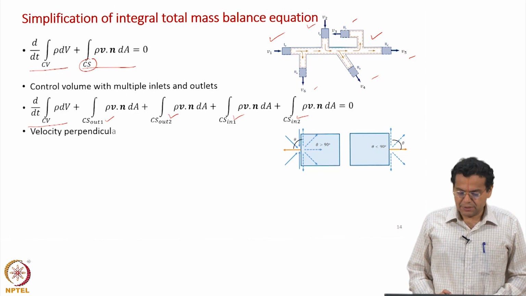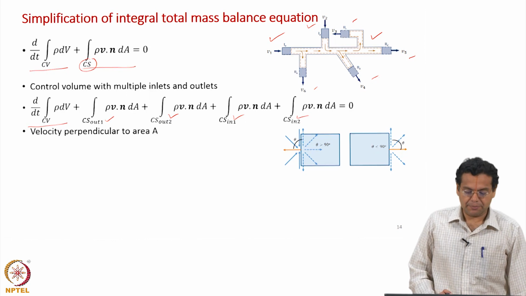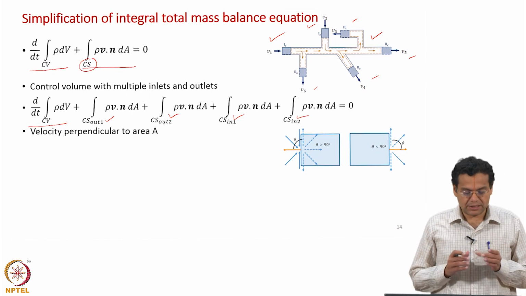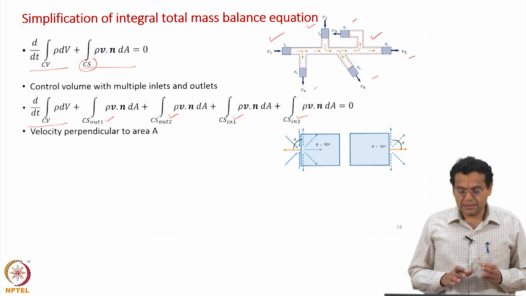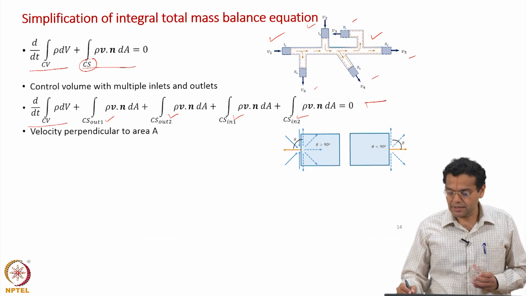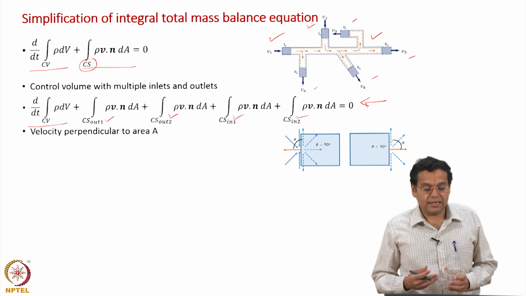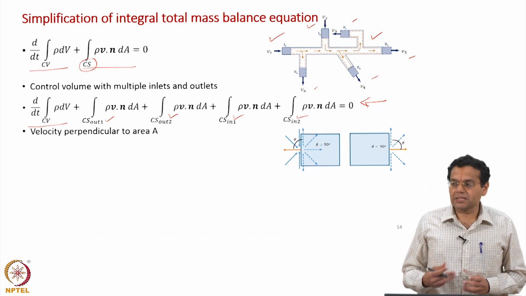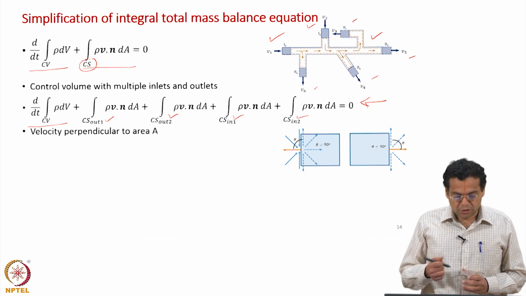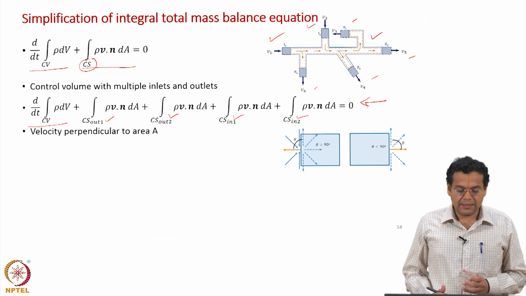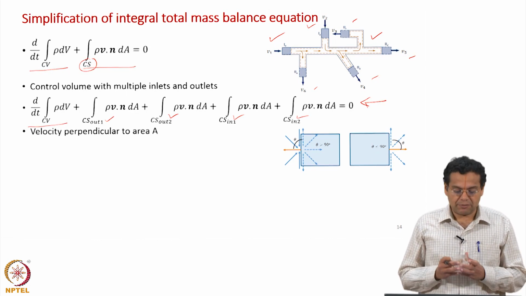Now, what we assume is that the velocity is perpendicular to area A. What does it mean? At this stage, the equation allows for any velocity, any angle between the velocity vector and the normal vector. Now, I make a simplification saying that the velocity is perpendicular to area A. What does it mean?